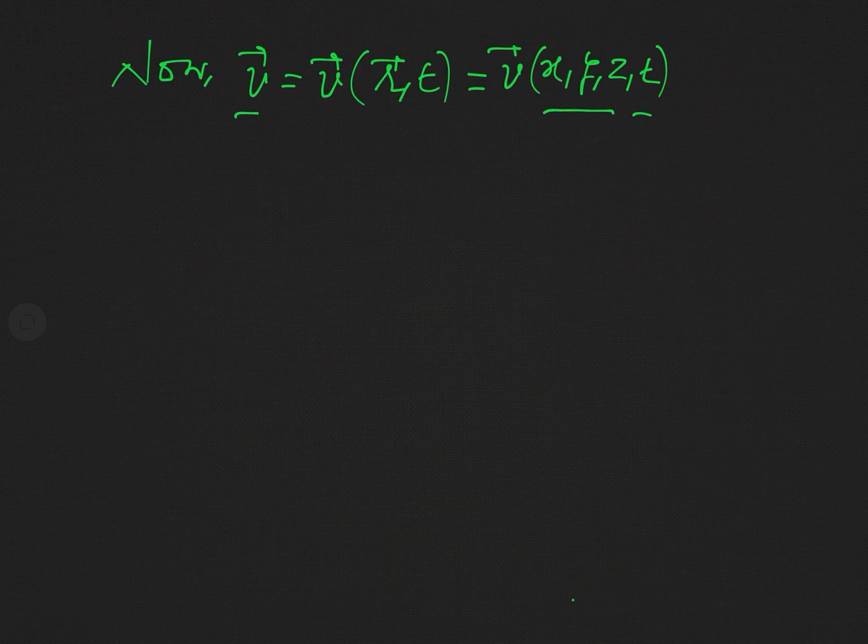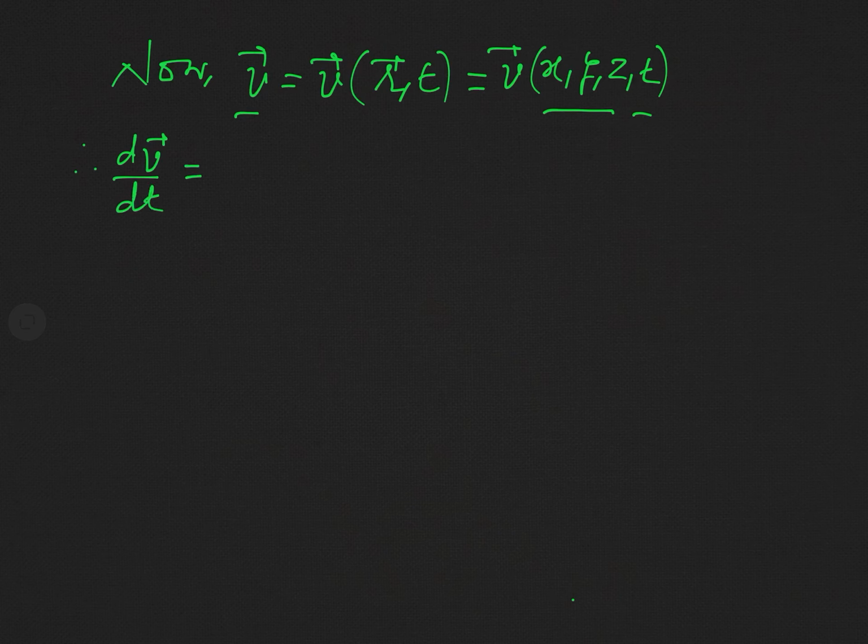It does not depend only on time, or only on a space coordinate, but on both. So in this condition, by the rules of partial differentiation, we can find the ordinary derivative of V, and therefore what will be this dV by dt?